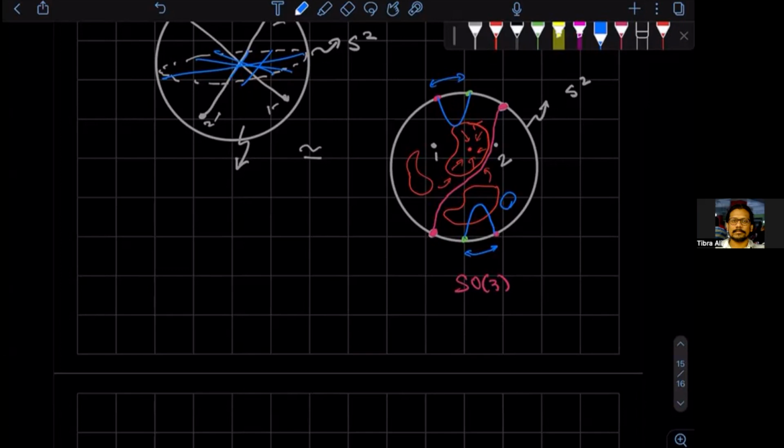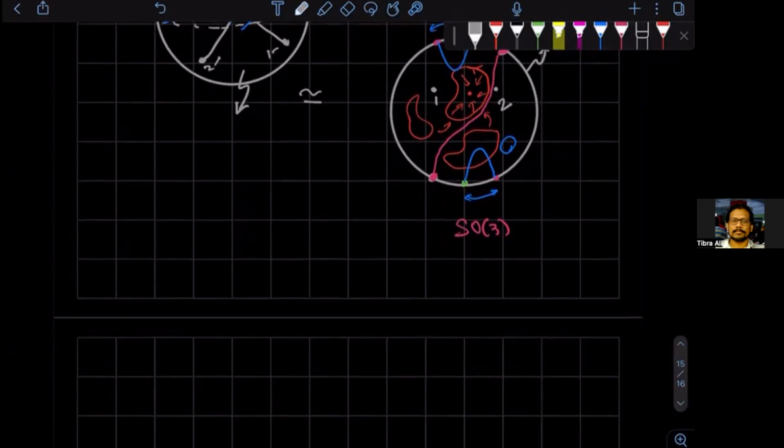So this shows that only loops which go around once to the boundary are non-contractible. If the loop goes around twice, then it's contractible. If the loop goes around 3 times, then it'll be non-contractible again. Okay. So there are 2 classes of loops.